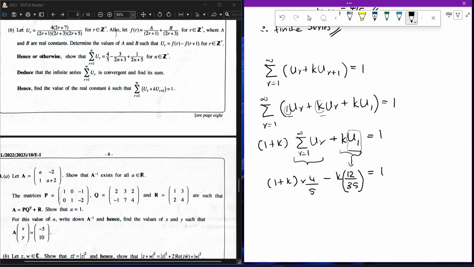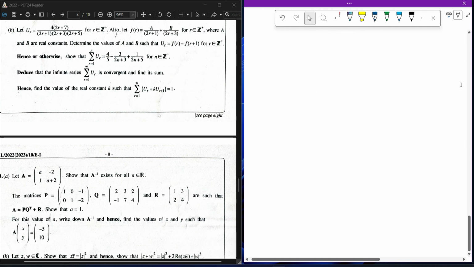So now better simplify this. That is 1 into 4/5 is 4/5 plus k into 4/5 minus 12k/35 equals 1. And now this is just the simplification part. As I mentioned, just better try out that u_1, okay?